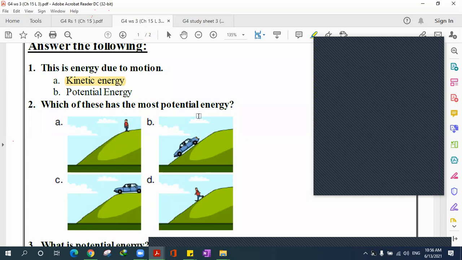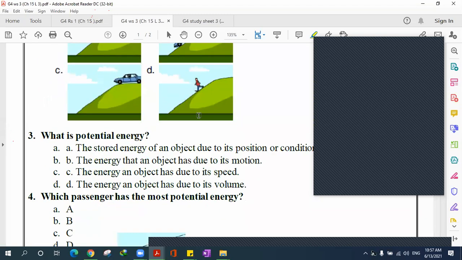A question like this, guys, I can bring the same picture and ask you for the least potential energy. In this case, the least potential energy will be the man, or A. So guys, be careful. That's why I'm telling you to read questions carefully, please, because maybe I'm not asking for the same thing. Thank you, Abdurrahman. So it's going to be C.